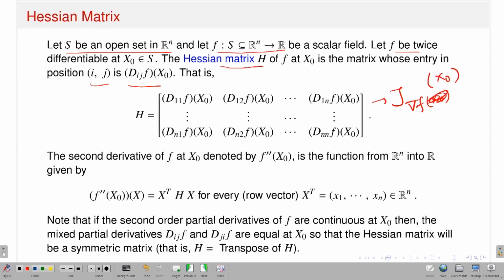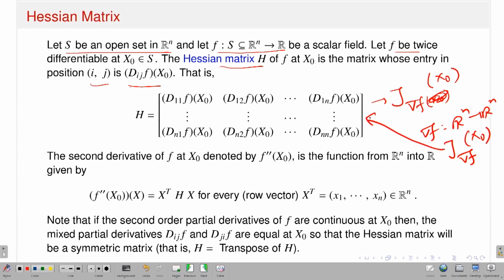If f is a map from a subset of Rn to R, then the gradient of f is a map from Rn to Rn, and the Jacobian of the gradient of f at the point x naught is nothing but the Hessian.